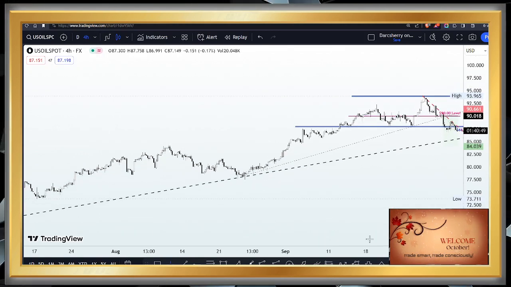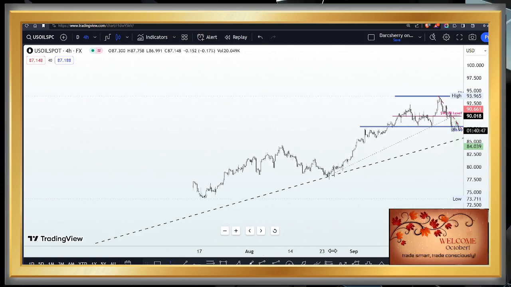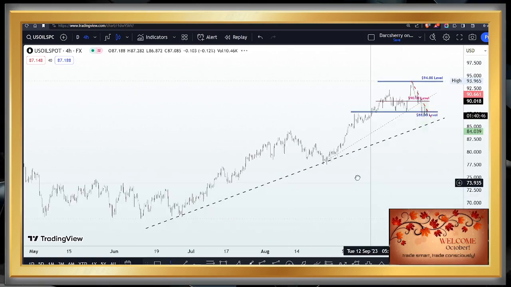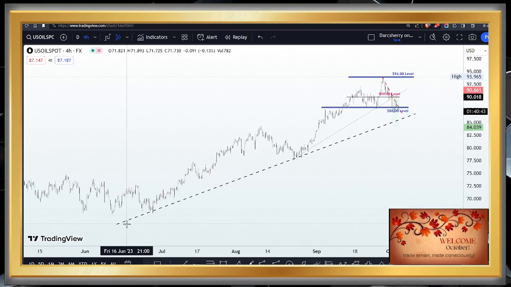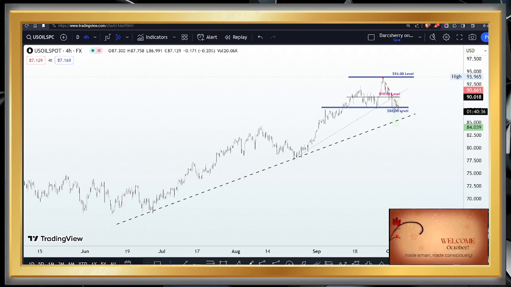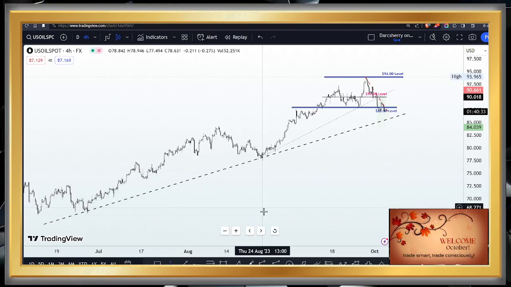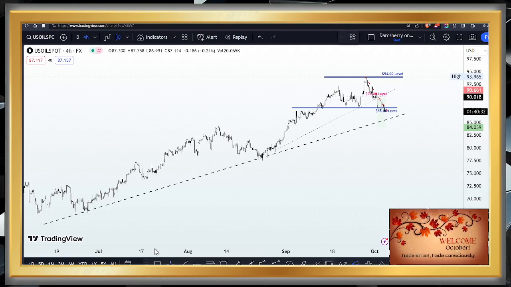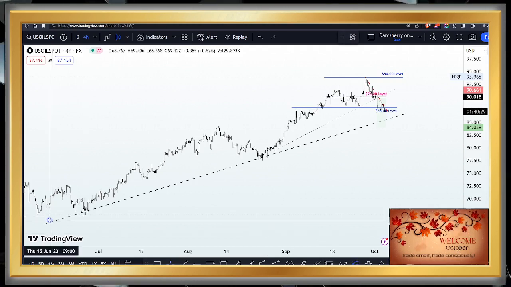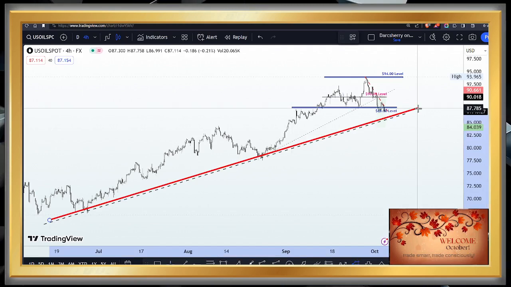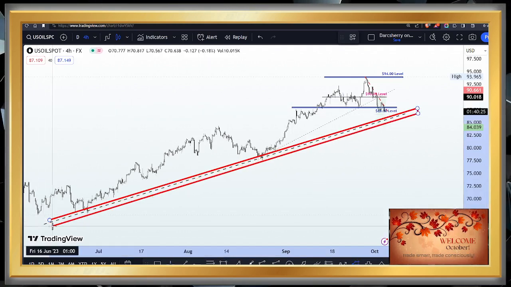So right here on Monday, what we did in this current market structure was to take into consideration the nature of price action since the month of June. And it is quite obvious that price action has been bullish since the month of June. To emphasize the strength of the buyers here, we connected the series of higher lows, giving us a beautiful ascending trend line.